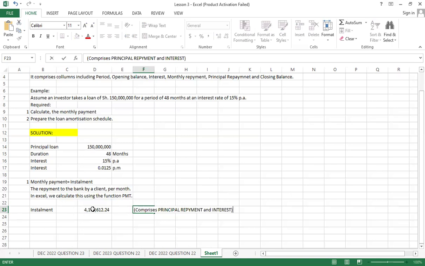So this installment has two compositions: what you repay towards the principal amount, and the accruing interest per month.